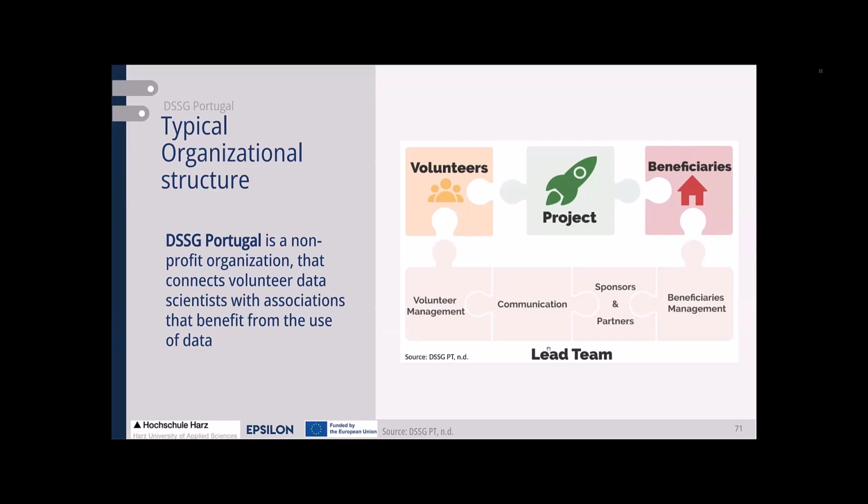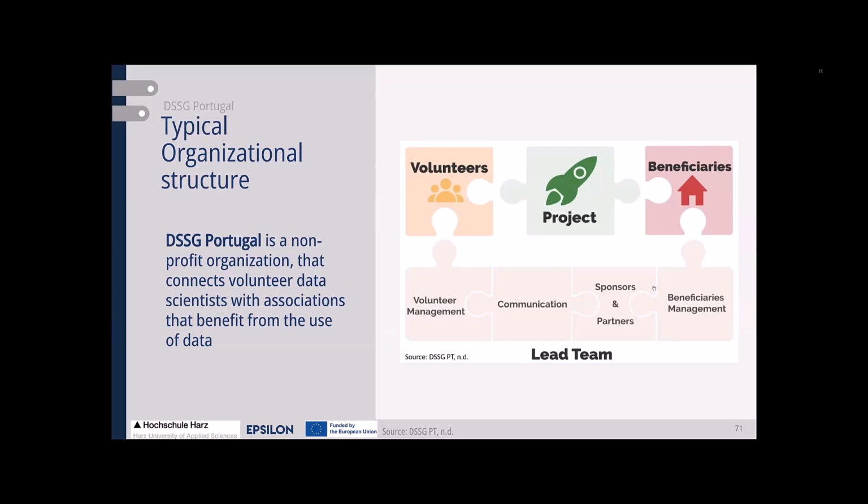And the lead team is responsible for the volunteer management, for the communication, for finding sponsors and partners that sponsor the full organization or are partnering the full organization and support them with stuff needed. And the beneficiary management. So they are in possession of an address book with the contact information of certain beneficiaries, and they do the acquisition.